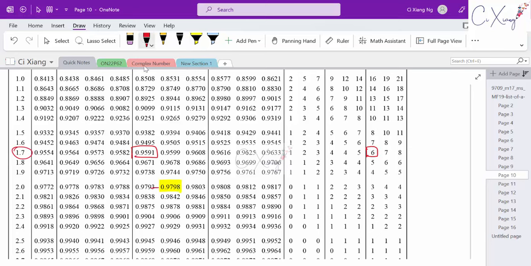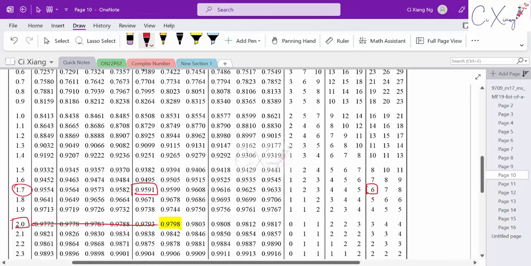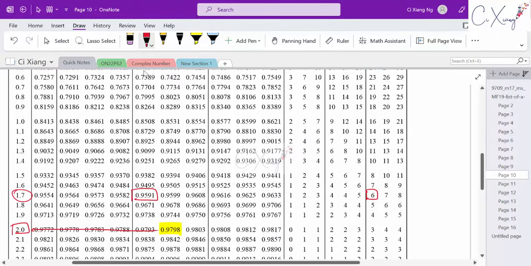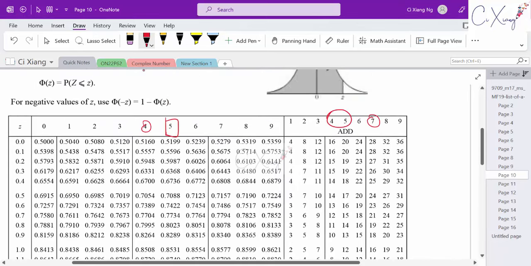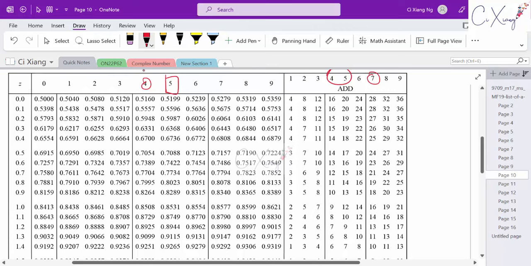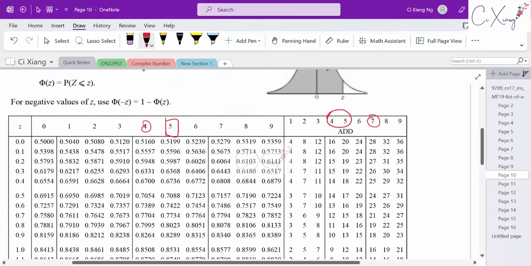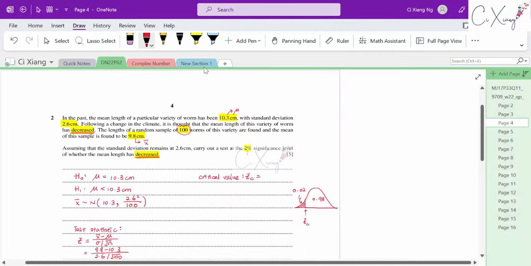If I read out the value, it should be 2.05. And then you need to add a digit at the end, for which you can use either 4 or 5. So the value for Z will be 2.054 or 2.055. Therefore my critical value should be 2.054 or 2.055.